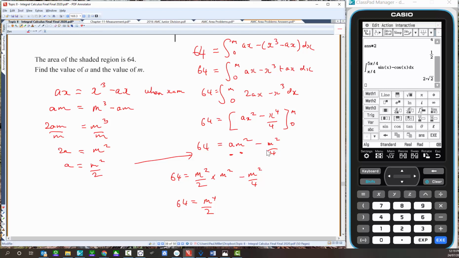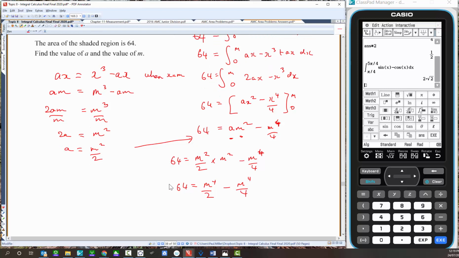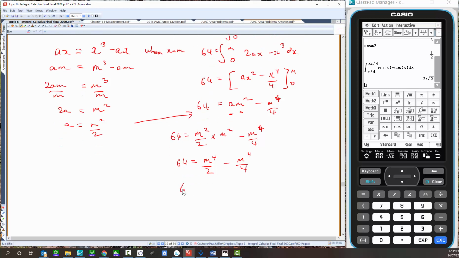When I popped in m here, that should be m to the 4. And that should be m to the 4. Take away m to the 4 over 4. Alright, now 64 equals, let's get a common denominator, times 2 times 2. So that's 2m to the 4, take away m to the 4 over 4. And that's going to be 64 equals m to the 4 over 4.